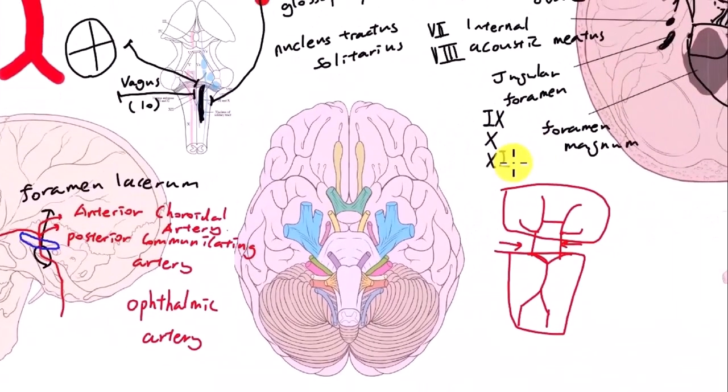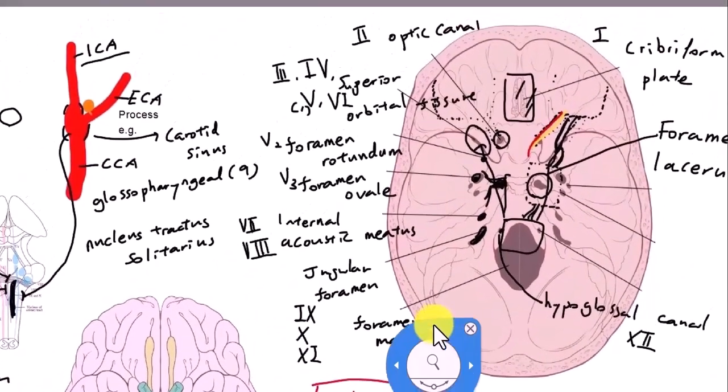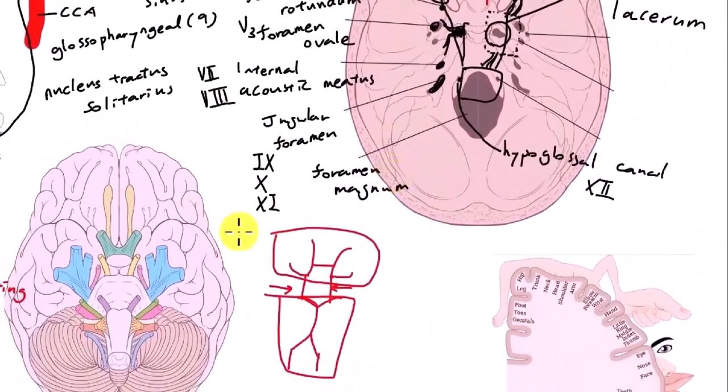If you were to have a look at it from this view, from the bottom of the brain, that sits on top of the cranial cavity. The olfactory nerve, the optic nerve, the oculomotor nerve, trochlear nerve. Now the interesting thing about the trochlear nerve is that this is the only cranial nerve that emerges from behind the brainstem when all the other cranial nerves come out from the front.